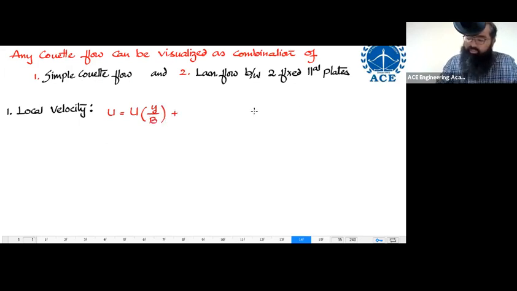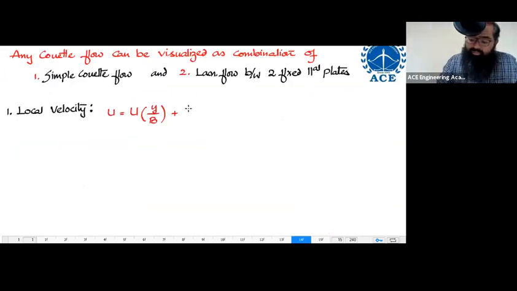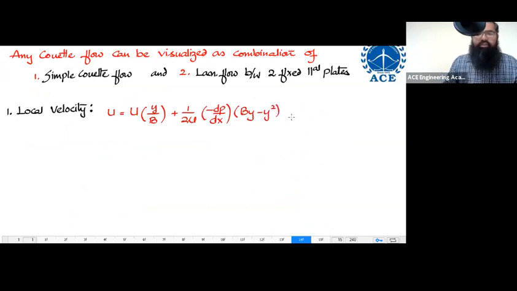Recall this formula. I can write that formula as 1 by 2 mu into minus dp upon dx multiplied to (b times y minus y square). This is the formula for local velocity of any Couette flow.